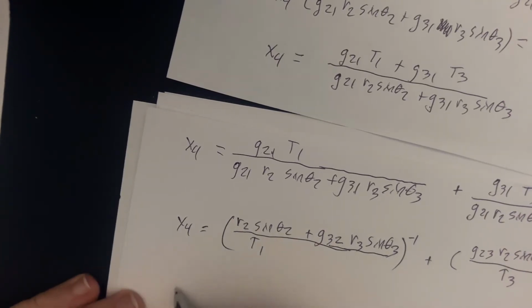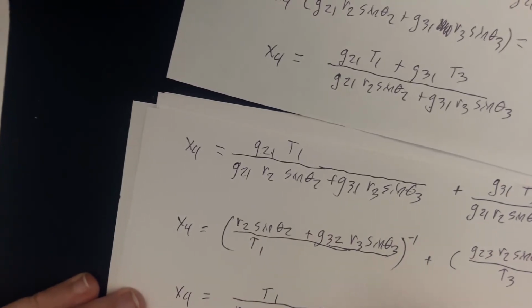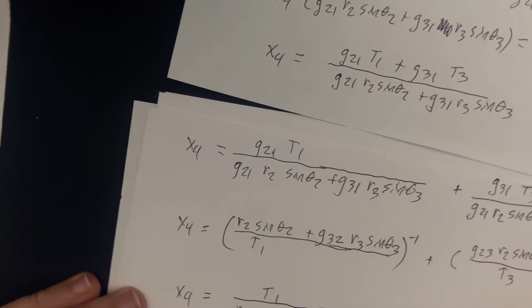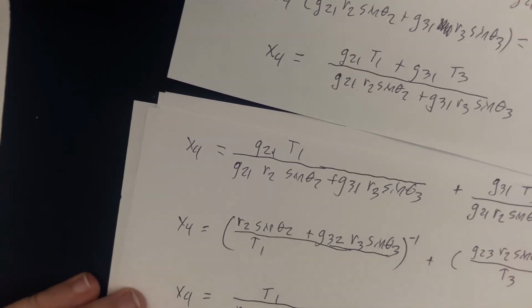And so I could write x4 is equal to t1 over r2 sine theta 2 plus g32 r3 sine theta 3, plus t3 over g23 r2 sine theta 2 plus r3 sine theta 3.